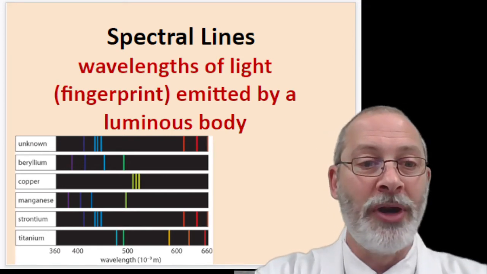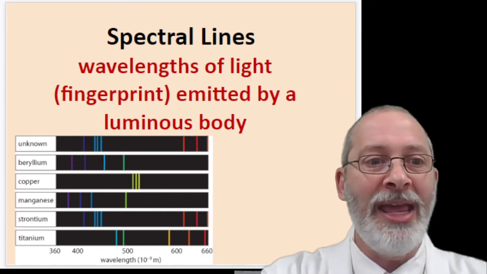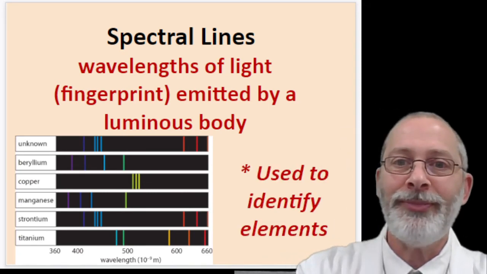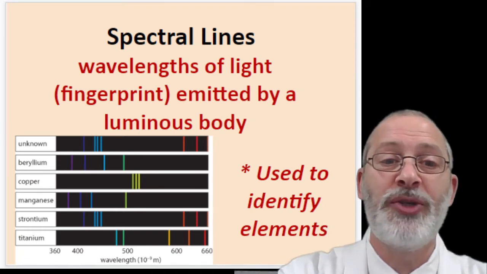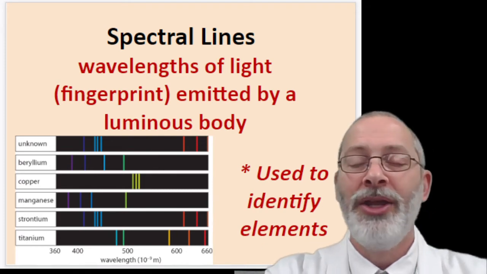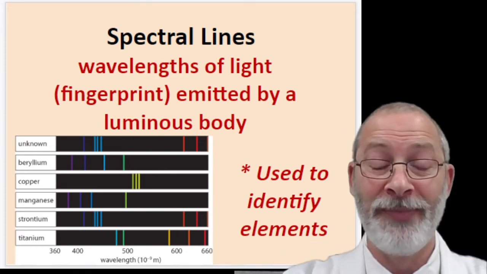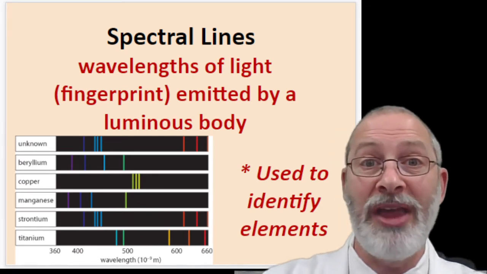Hook up one of these instruments called a spectroscope to it and examine the spectral lines. We can use these spectral lines to identify unknown elements from immense distances away from them.